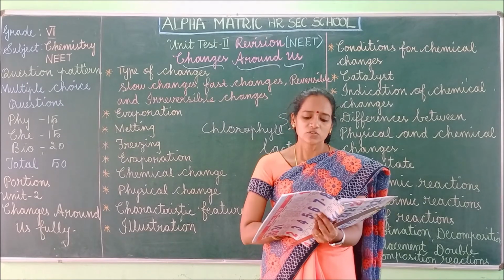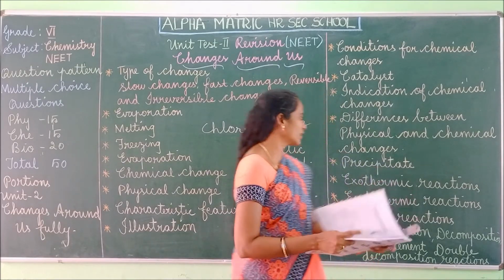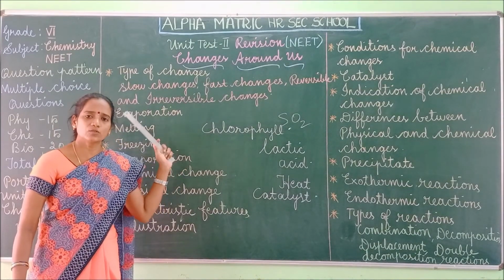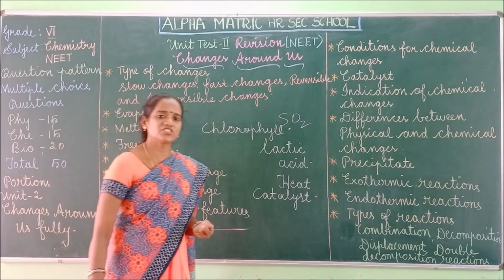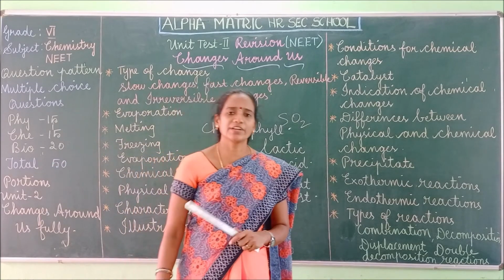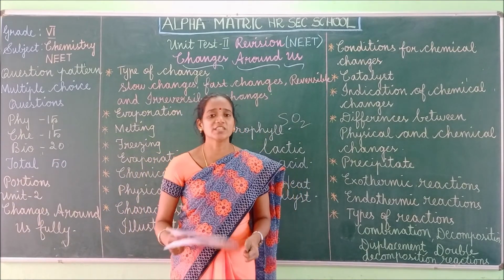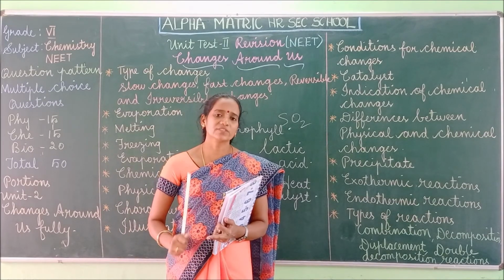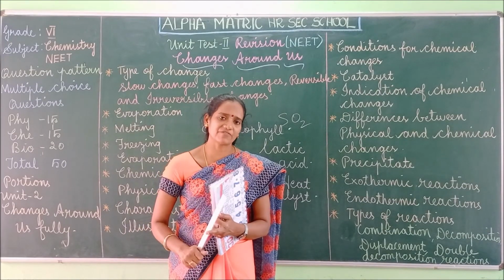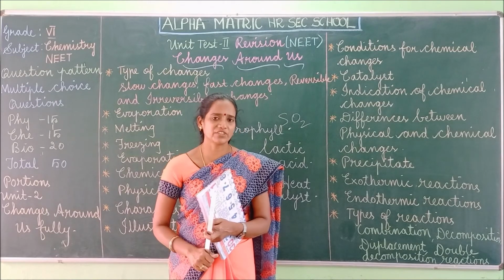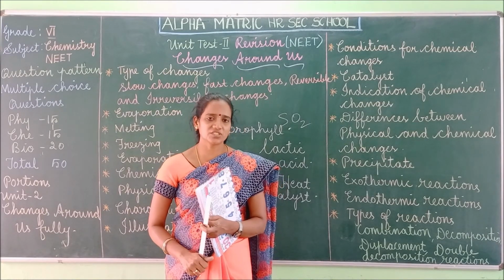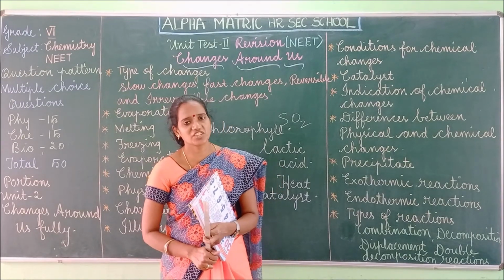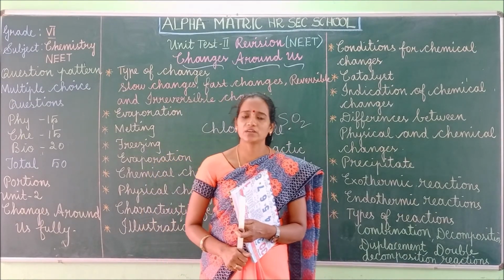Okay, children. So what are the things we discussed today? We discussed the types of changes. In that, physical change, chemical change, and further it can be classified into slow change, fast change, reversible change, irreversible change. Then we learned about the physical change definition, chemical change definition, characteristic features, and also differences between physical change and chemical change, and illustration also we learned.